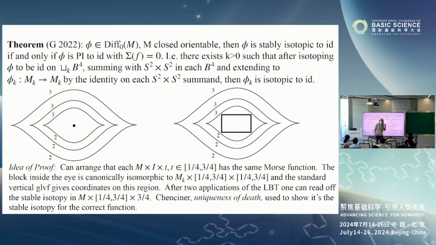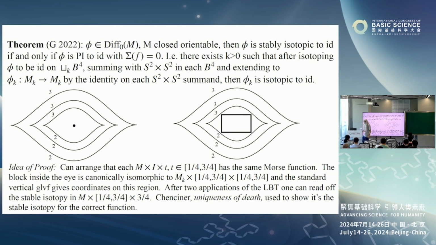But we also have the other gradient-like vector field. The beauty of having two gradient-like vector fields is that the first one gives you a set of coordinates on this box. So every little vertical line is connected some S2 cross D2s times the interval. When we use the second gradient-like vector field, somehow we see a path there.